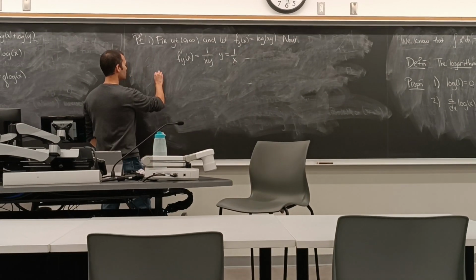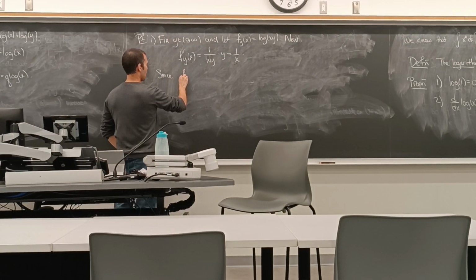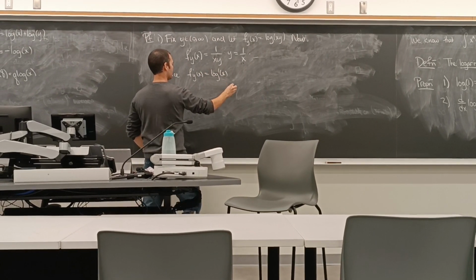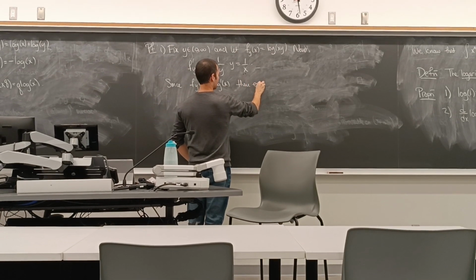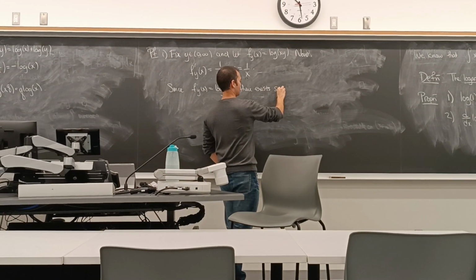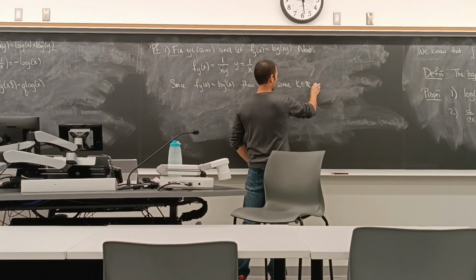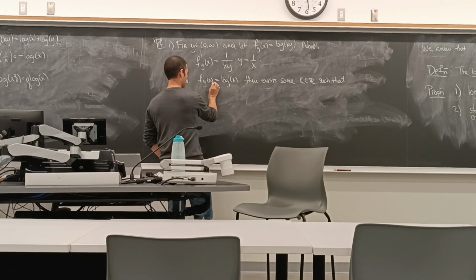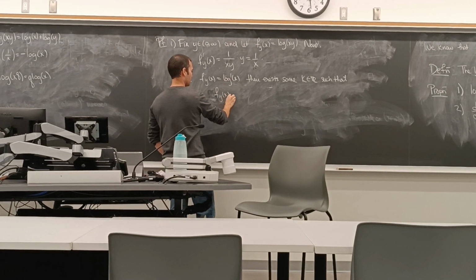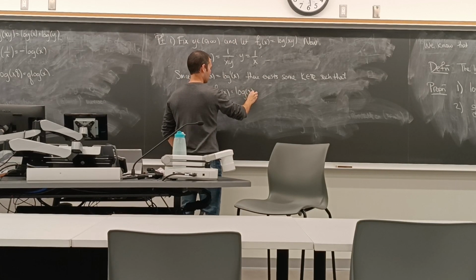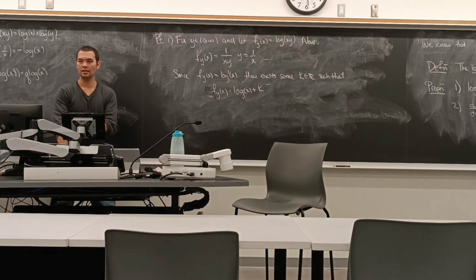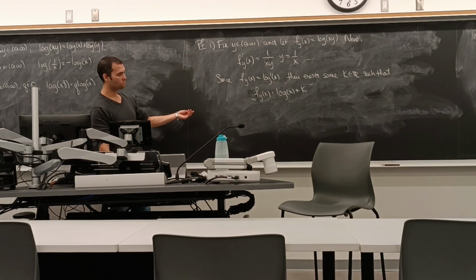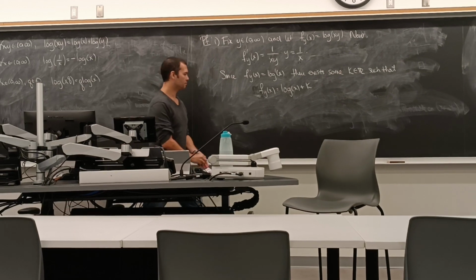So since f sub y prime of x is equal to log prime of x, there exists some k in R such that f sub y of x is log x plus k. If we want to figure out what k is, all we have to do is specify an initial value. So let's try 1. 1 seems like a pretty good number.